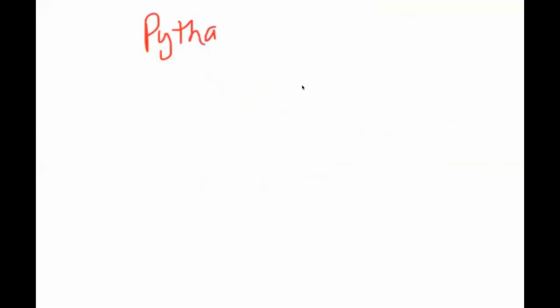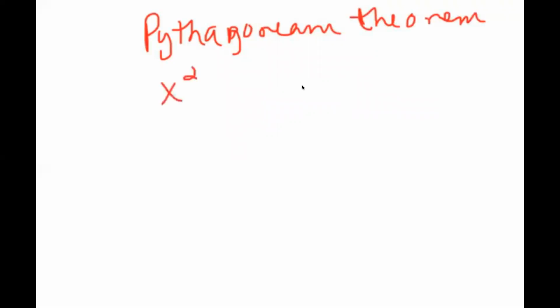All right. So now we're going to move on to this next set, guys, involving the Pythagorean theorem. Before we get to the actual trig identities, we need to go back and look at the Pythagorean formula. X squared plus y squared equals r squared. Remember, x and y have to do with the legs of the triangle.